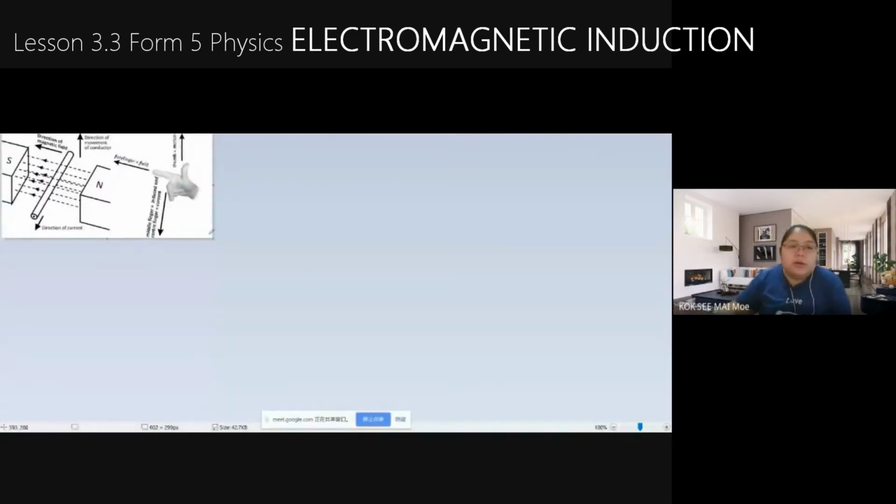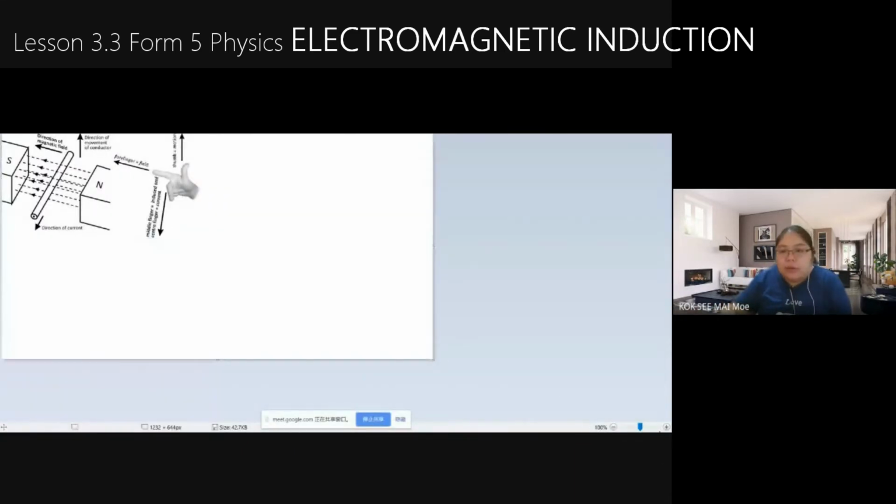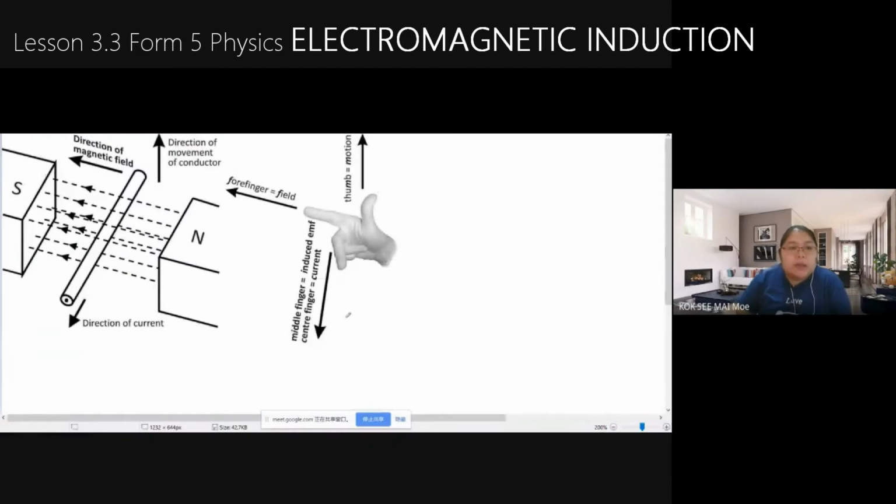Okay, this is another diagram. Let me make it bigger. Let's see this part. This one is north to south. This one is easier to show because the hand is easy to show. This is north, this is south. Now, how does the conductor wire move? The conductor wire moves up.